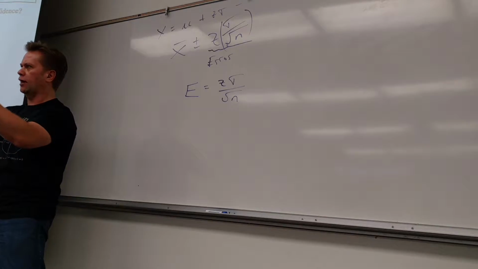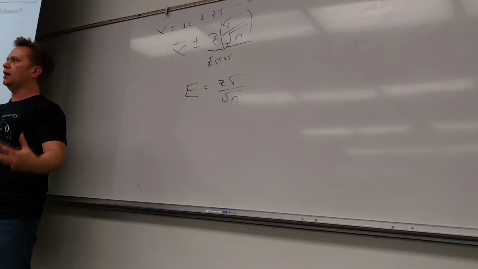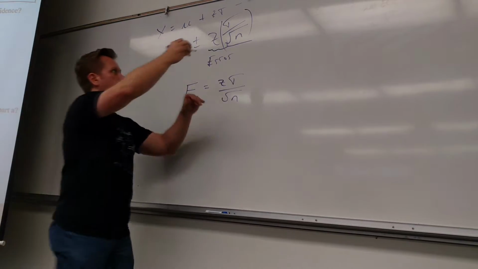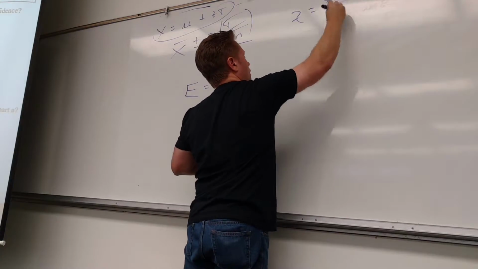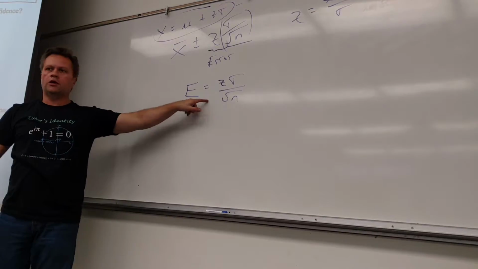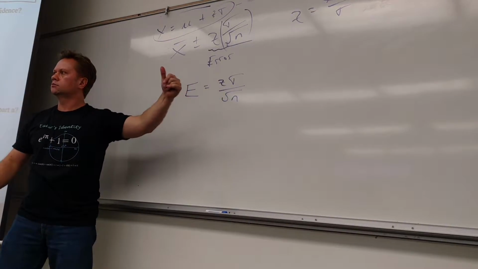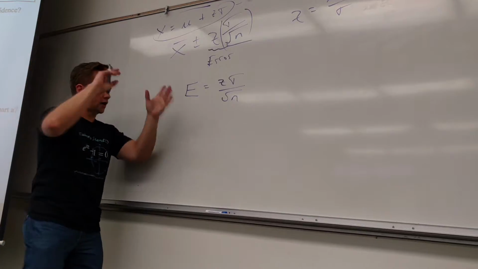Here comes the little bit of algebra that we use. How do I solve that equation for n? Just like we did to get this equation, we took this equation and we solved for x, right? So here I want to take this equation and solve for n. How do I do that? Okay, good. So I've got a couple of things going on.